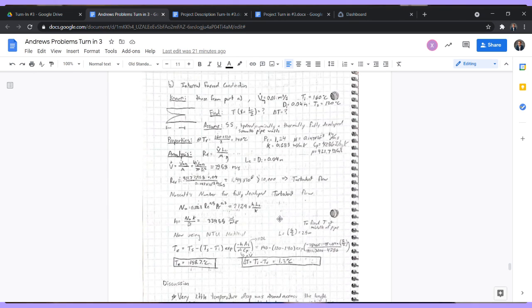And now, lastly, for our internal forced convection, we first assumed steady state and a fully hydrodynamically and thermally developed pipe.